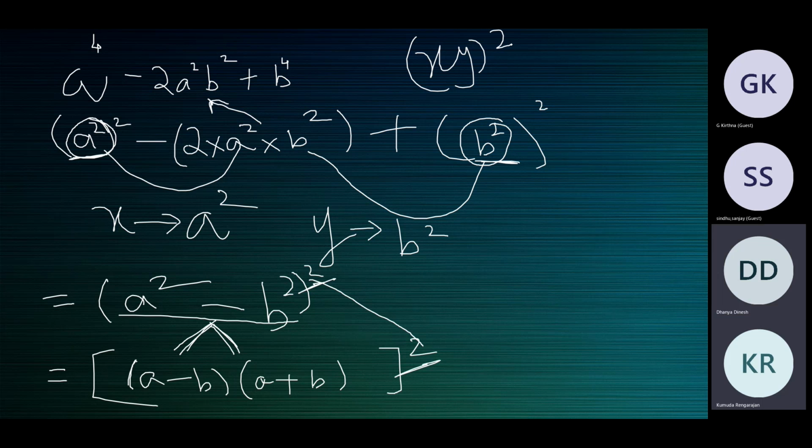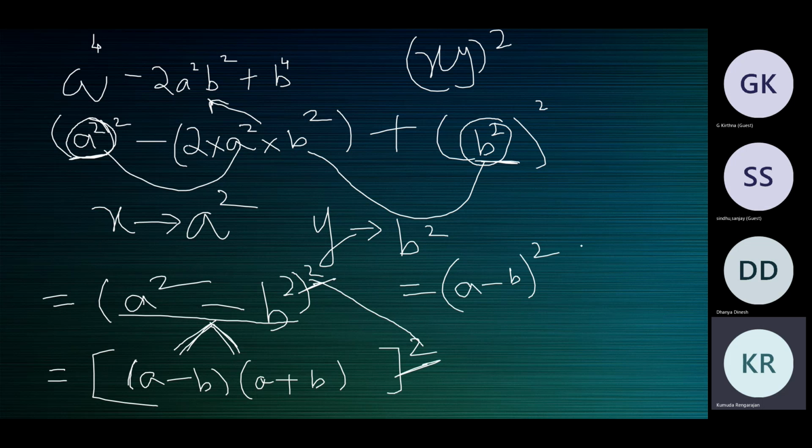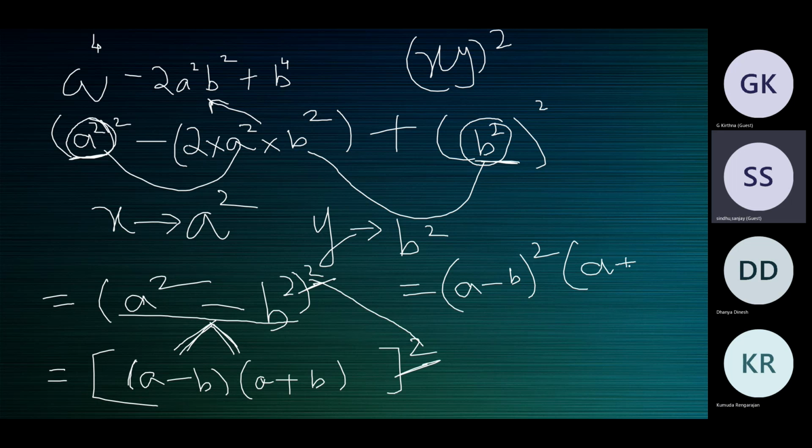It's like there are two terms. Whole square into a plus b the whole square, ma'am. Yeah, there are two terms in the bracket. What will we do with xy the whole square? x squared into y squared. Similarly, here the answer is a minus b, because of the power outside, a minus b the whole square into a plus b the whole square, ma'am.